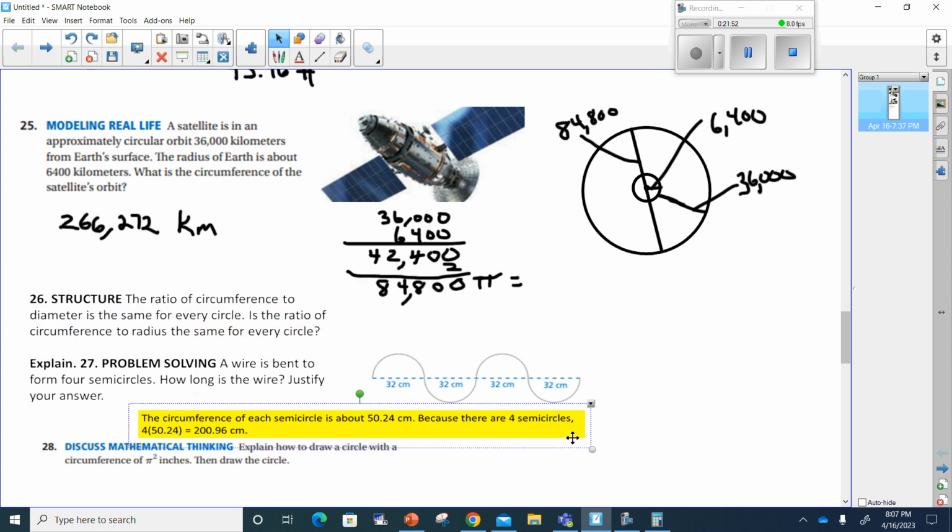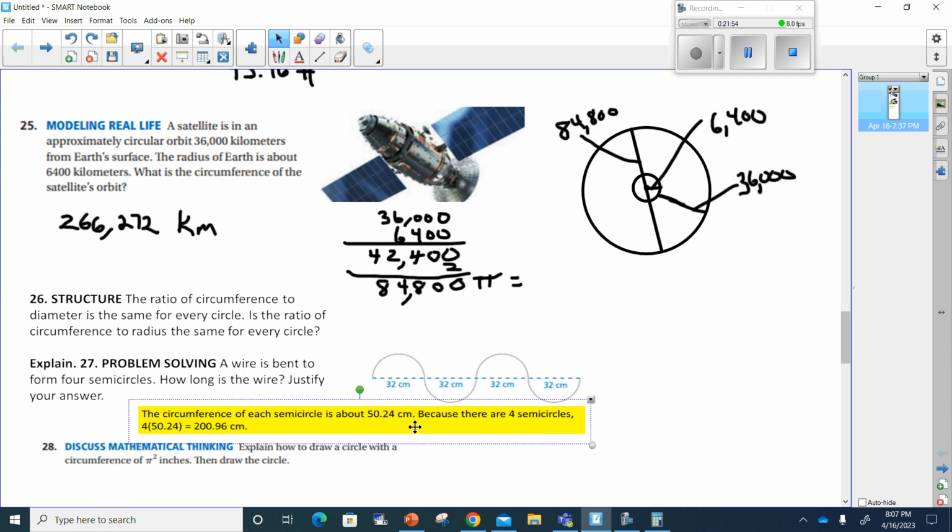Since the circumference of each semicircle is about 50.24, remember this 32 represents the diameter of each one of these. So please don't think that's the length of the wire. This is the diameter. And remember, we're taking the diameter and multiplying it by pi to find the whole circumference of a circle.